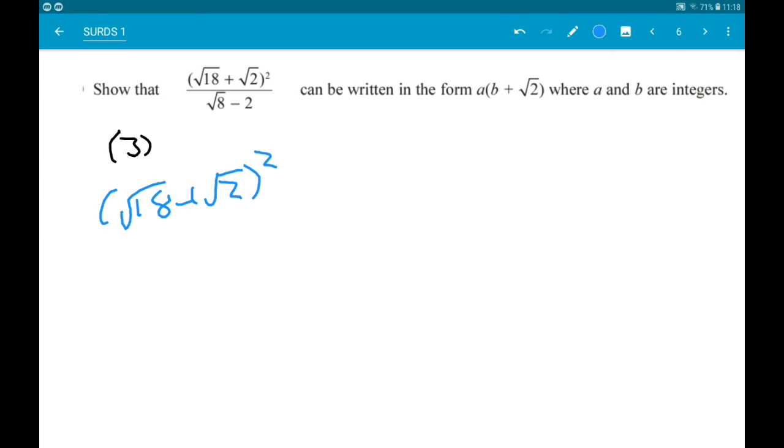So we have 3 root 2 add root 2 squared, which is 4 root 2 all squared.